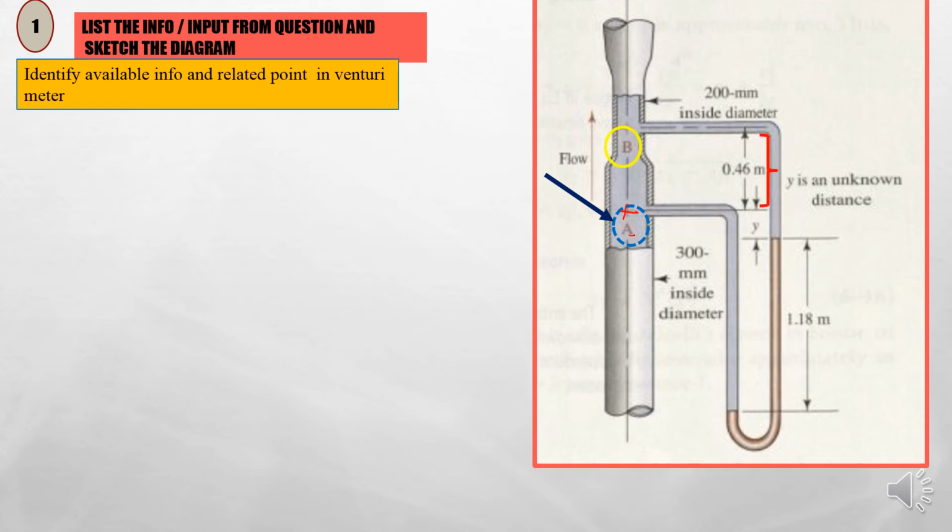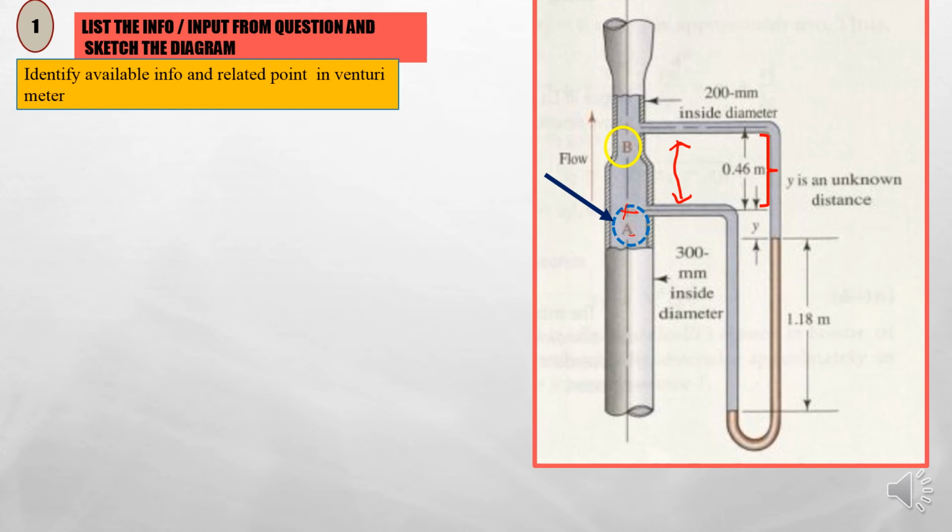In fact, at point B we don't really have much info. We only have the elevation difference between point A and point B, which is 0.46.